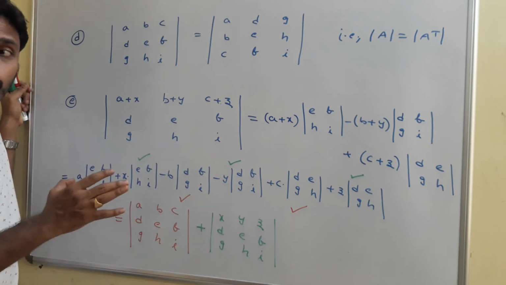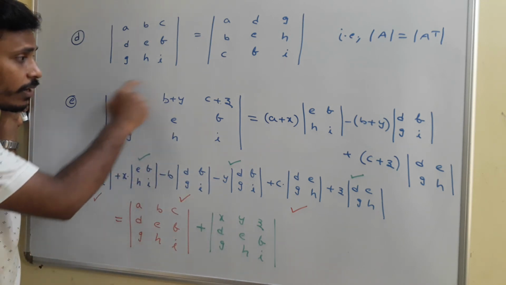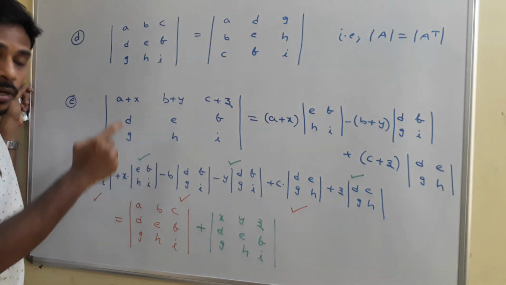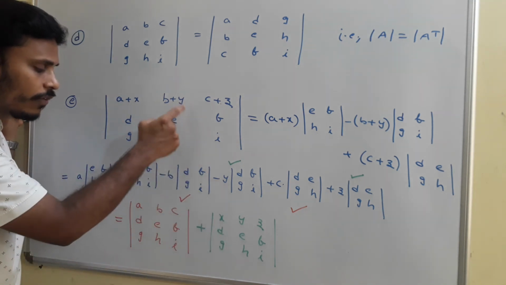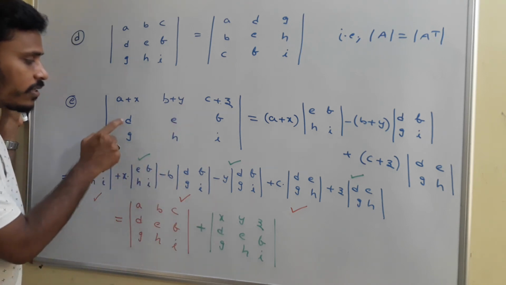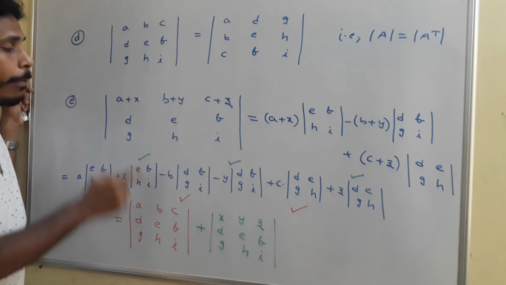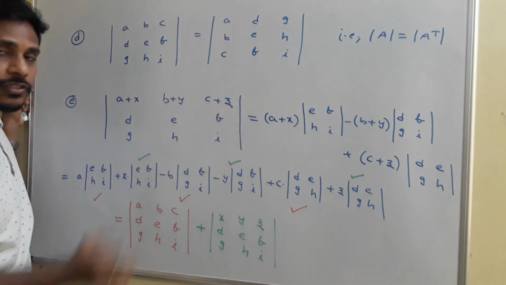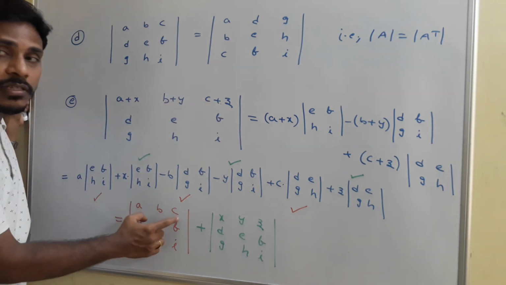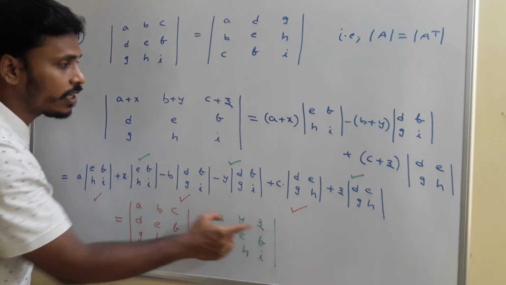At the end you need to identify that this given determinant is simply equal to the sum of the other two determinants, where the second row and third row are the same, and only the first row changes. Here it is A plus X, B plus Y, C plus Z, and here we are just taking A, B, C in the first determinant and X, Y, Z in the second determinant.